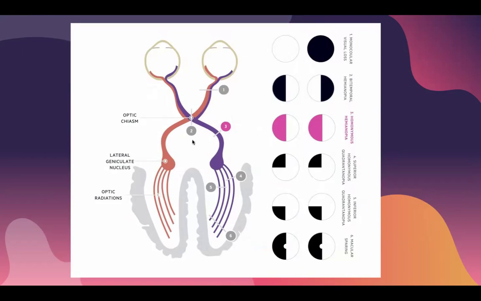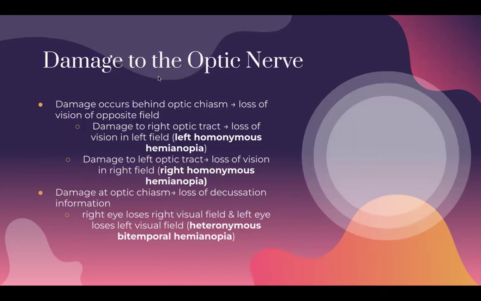So if damage happens behind the optic nerve in this left area, the field of vision in the right eye would be damaged. However, if it happened in this area, the left field of vision would be damaged.